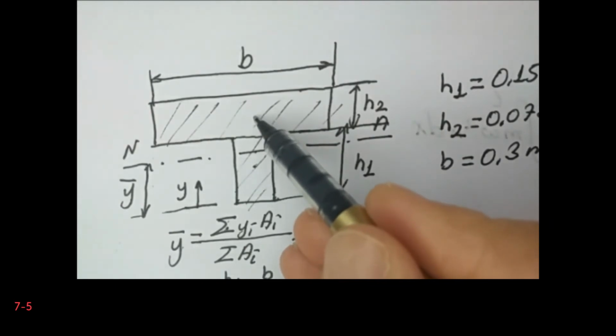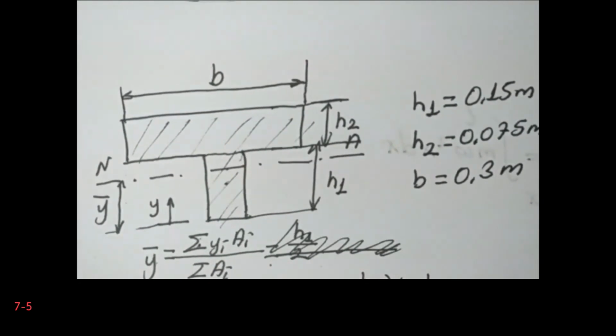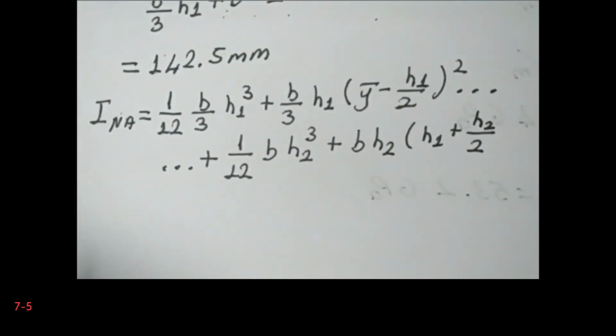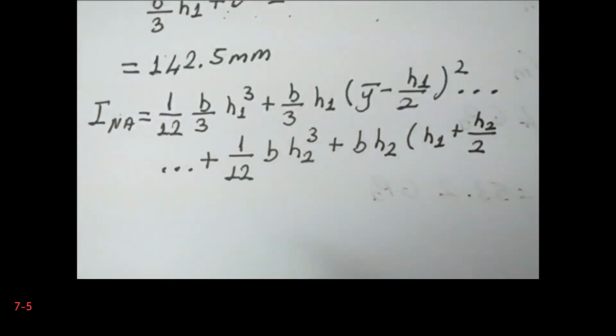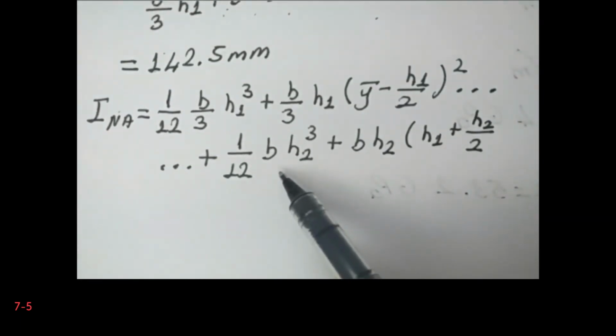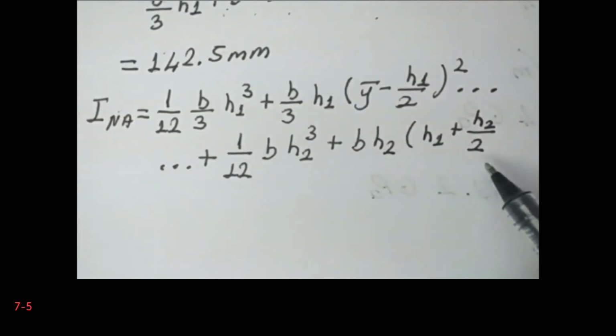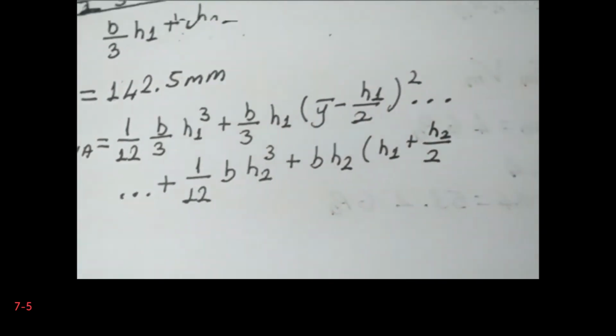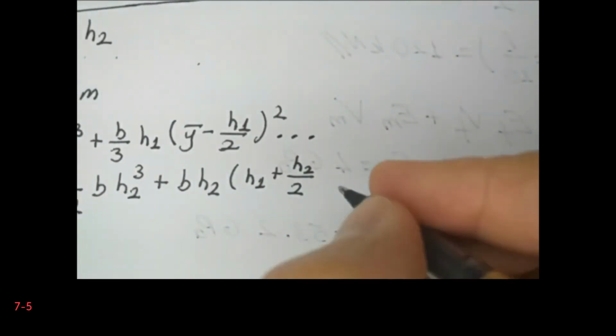The center of this flange is at h1 plus h2 divided by 2. Okay, so this is the moment of inertia with respect to its centroid, and then we are shifting it to the neutral axis, minus y bar squared.